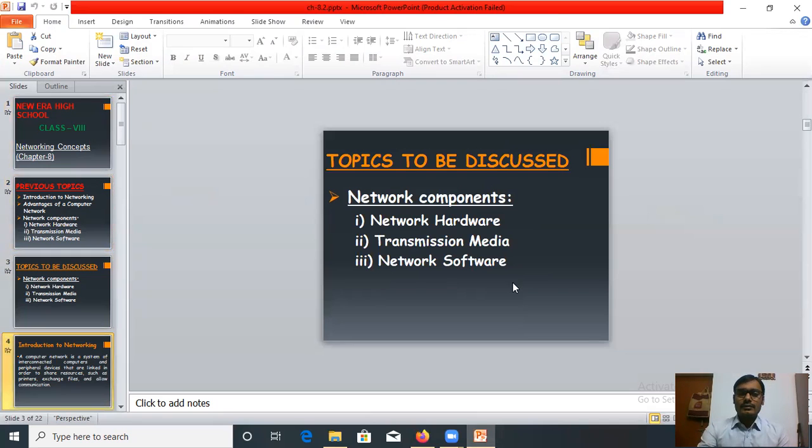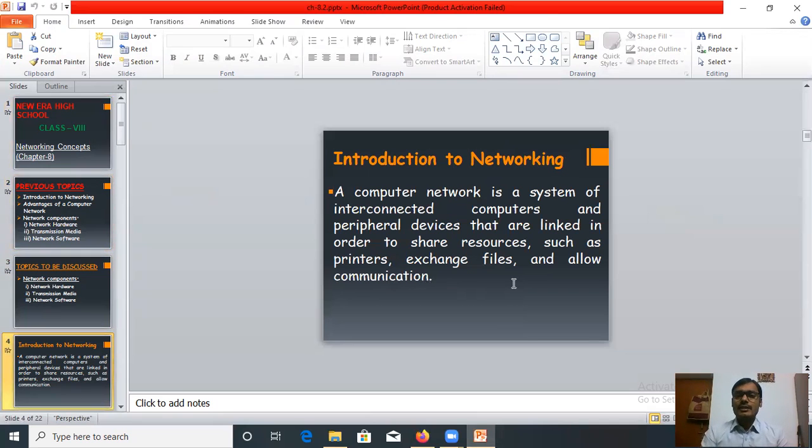And as you know that I have discussed introduction to networking. So let us revise once again. A computer network is a system of interconnected computers and peripheral devices that are linked in order to share resources such as printers, exchange files, and allow communications.